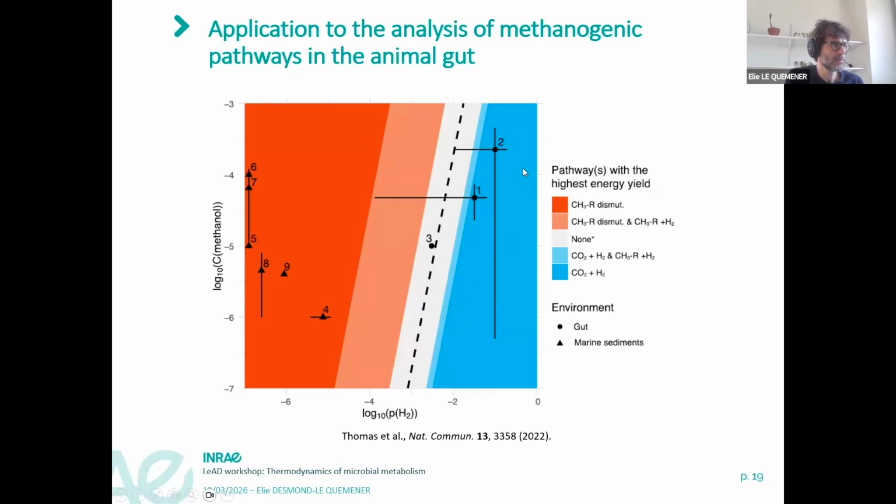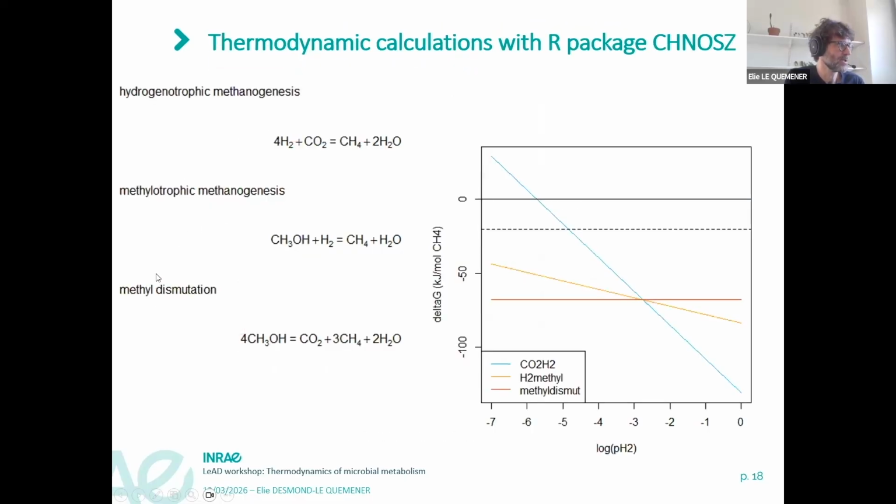And what we see is that the microbes, when we look at the ecosystem of the gut, are all in the places where either hydrogenotrophic methanogenesis or methylotrophic methanogenesis are the most advantageous. Whereas if you compare with some ecosystems in sediments, they have very low partial pressure of hydrogen, and in that case you find only methyl dismutation.